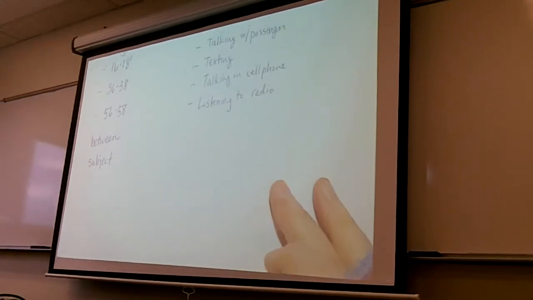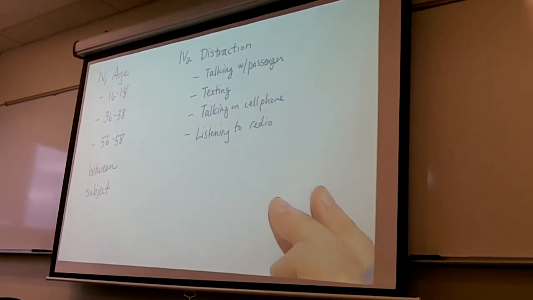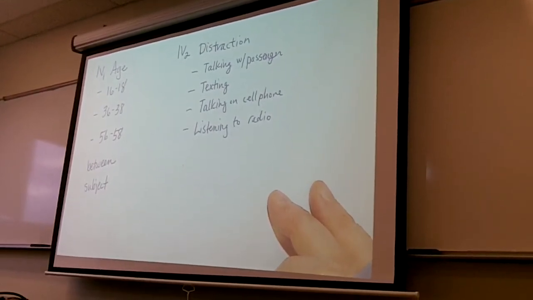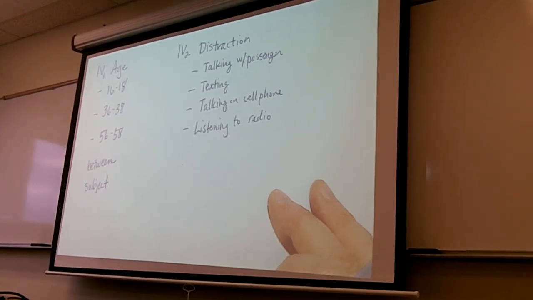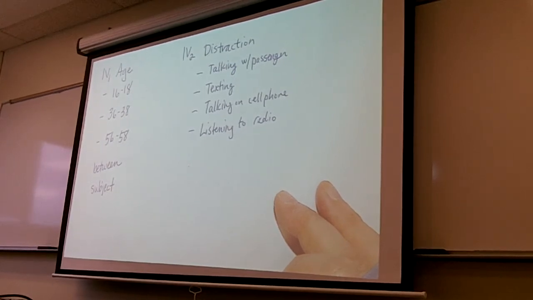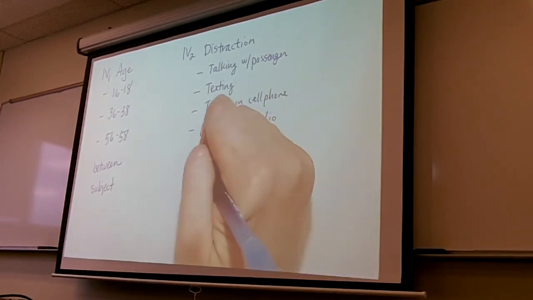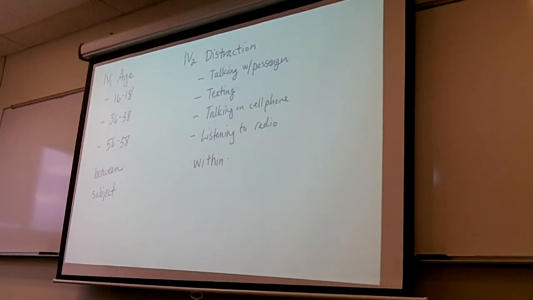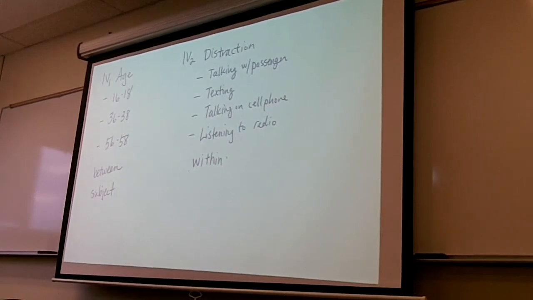All right, distraction condition. What do we know about this condition? It says they're asked to engage in a randomly ordered sequence of 4 activities. Each participant experiences each distraction condition one time. So what do I know about this? This is within subjects, because every participant is doing all 4, but in a randomly ordered sequence.